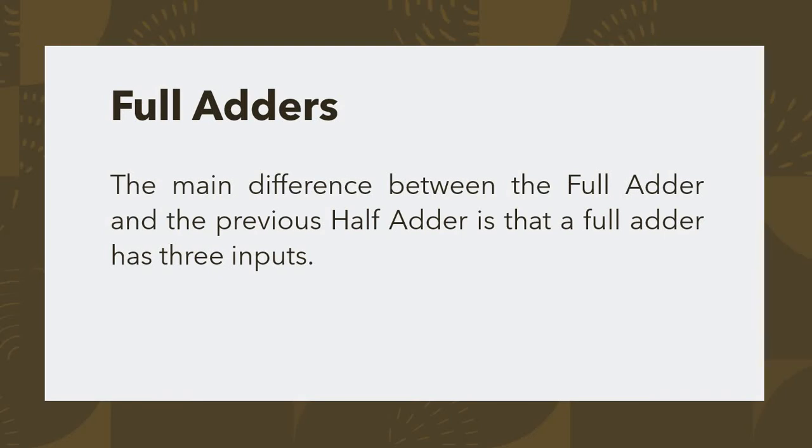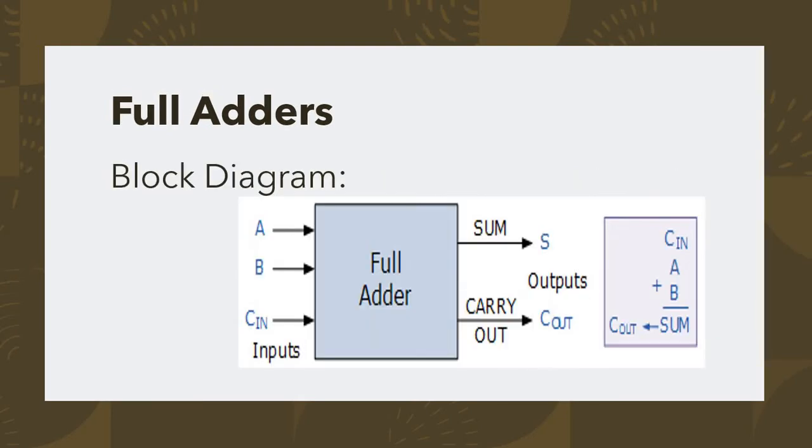So I will show you the diagram. This is now the block diagram of the full adder. Again, we have inputs A and B, and then the C-in. There are 3 inputs. For your half adder, you only consider 2 inputs, but in the full adder, you consider 3 inputs, because the C-in, the third input, comes from the output of the previous full adder, which is this one.